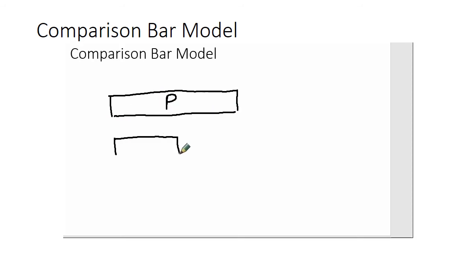Now, with the addition and subtraction of the comparison bar model, again, I'm going to put a bigger number on one part and a smaller number for the next part.